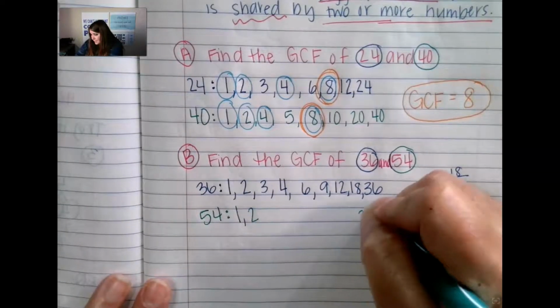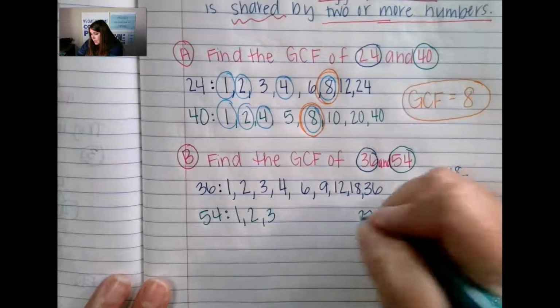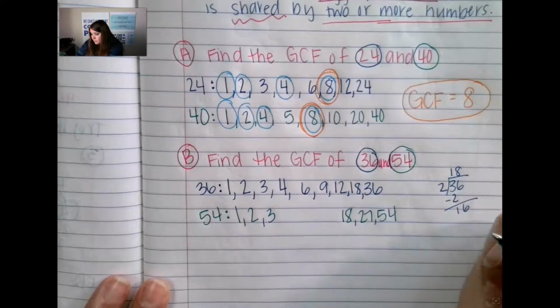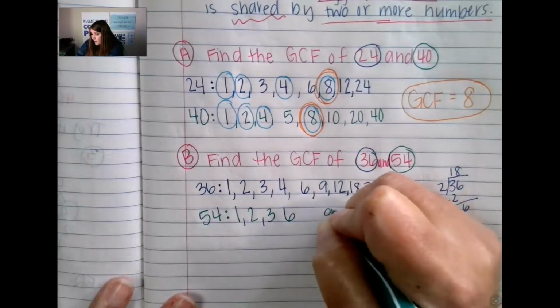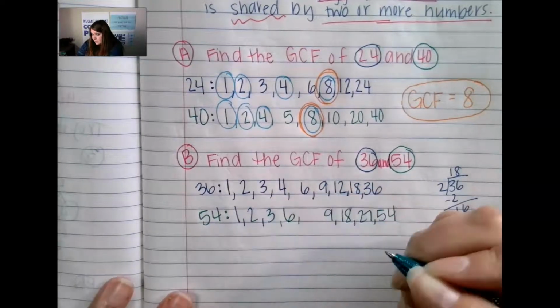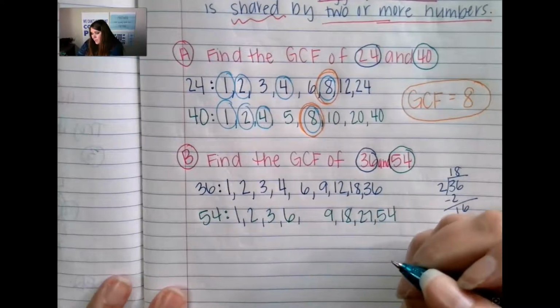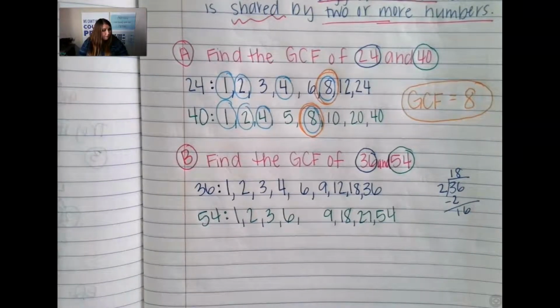So 27. And 3 times 18. And then we have 6 and 9. And 7 doesn't go in, and 8 doesn't go in, and then we're back to 9 again. So these are the factors.